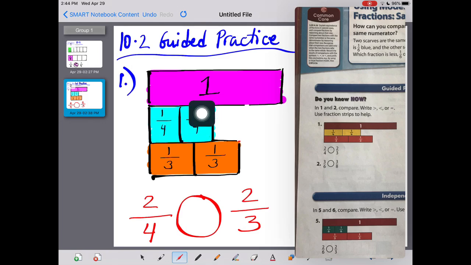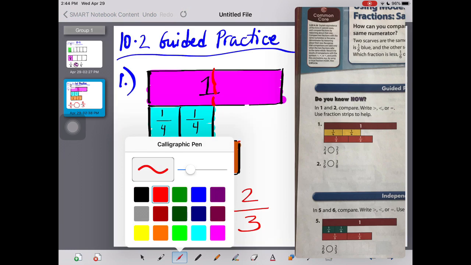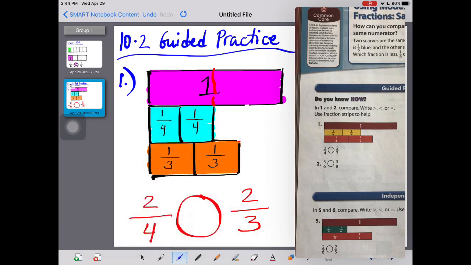Okay, well, you can see visually that 2/4 does not take up, if I was to bring this all the way up, 2/4, whoops, that doesn't look like a very good color, does it? Let's do blue. 2/4 covers half of this, right? But if we were to bring up 2/3, it goes all the way to there.